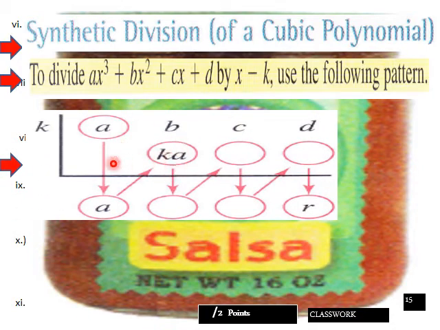use the following pattern. So we can stick the negative of k out here, and then we have kind of like an inverted long division symbol here.